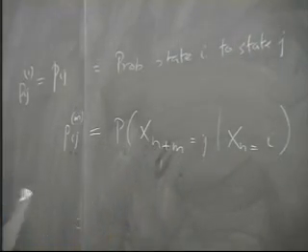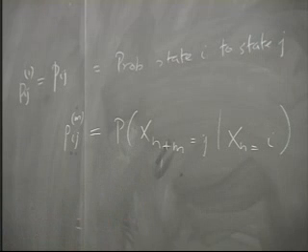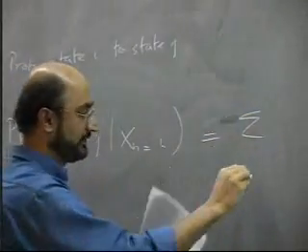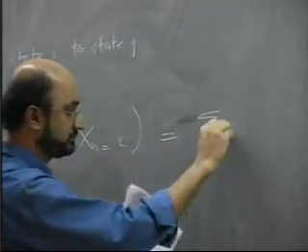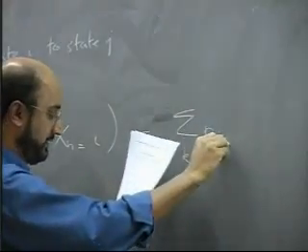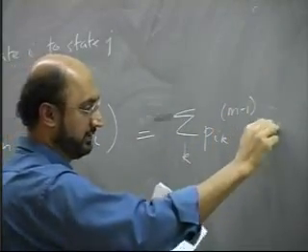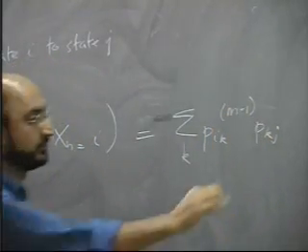And this is very related to the previous question I asked you: how do you get P^2, which is the square of that P matrix? And this can be shown, very easily, to be nothing more than the sum over k of P^(m-1)_ik times P_kj.